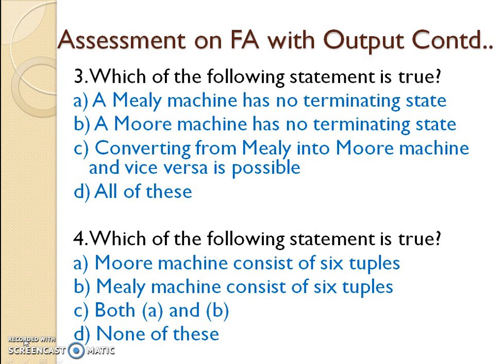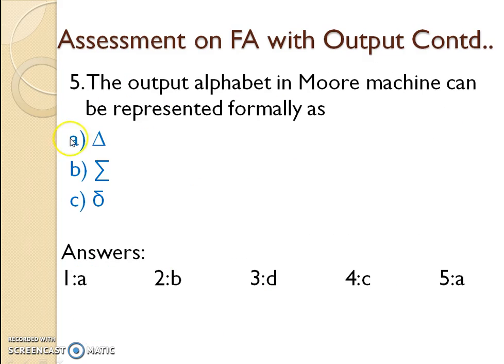Fourth question, which of the following statements is true? A Moore machine consists of 6 tuples, a Mealy machine consists of 6 tuples, C both A and B, and none of this. And the last question is, the output alphabet in a Moore machine can be represented as delta, sigma, and transition function.